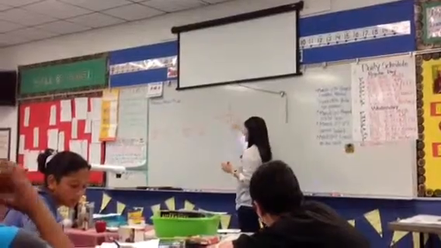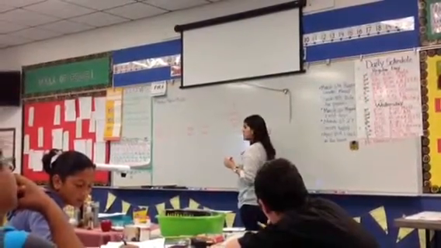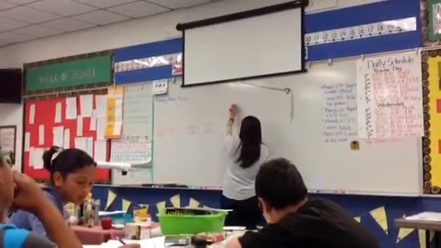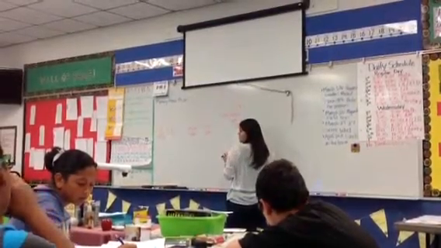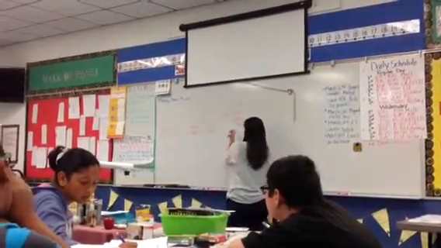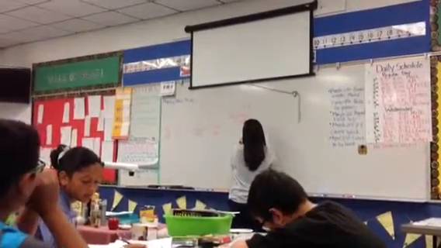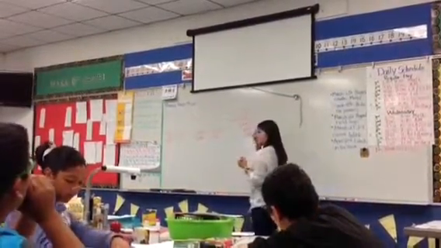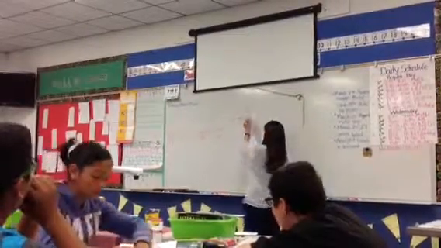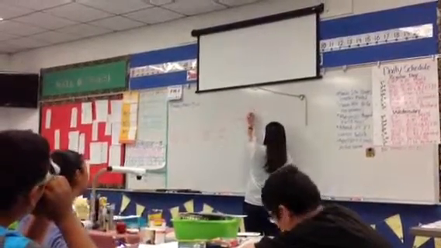How many times can 125 go into 400? 3 times. 3 times 125? 375. Now we're left with 25. What do we do now? For the decimal, what do we do with the decimal? Bring it up.